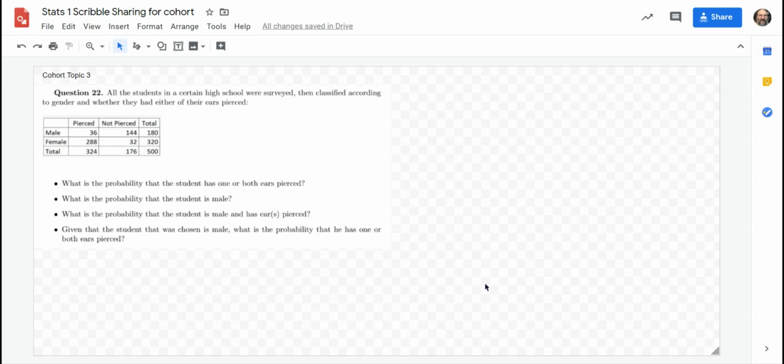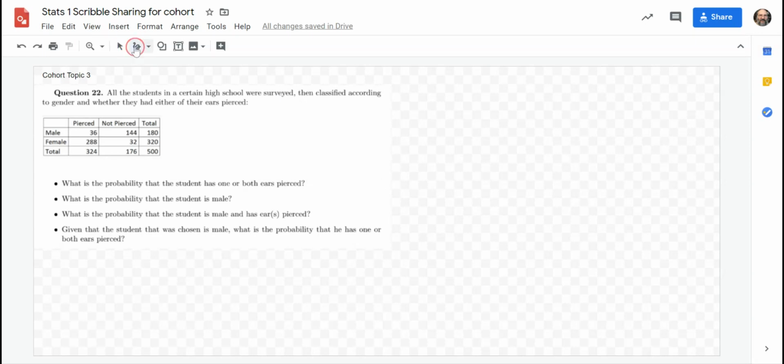So we have to examine each of these questions and carefully figure out what is meant by the whole group for that question and what is meant by the special event that we're finding the probability of. And then we simply make a relative frequency amount over total amount.